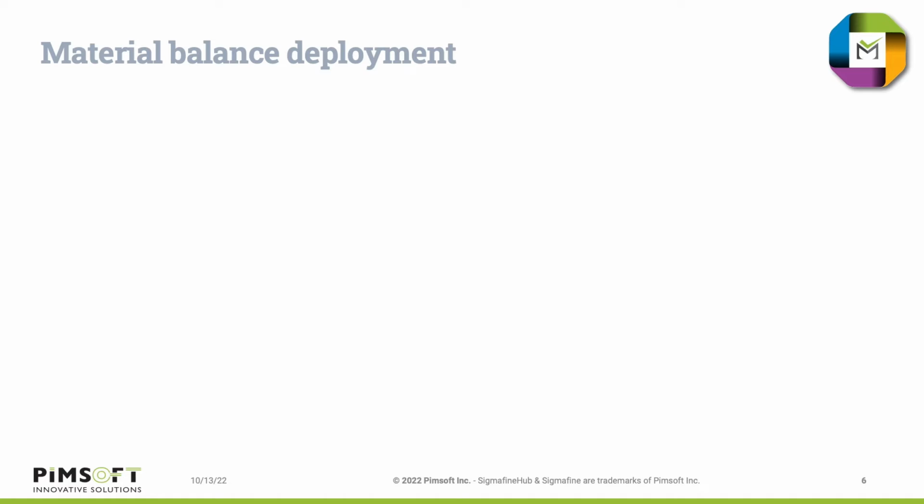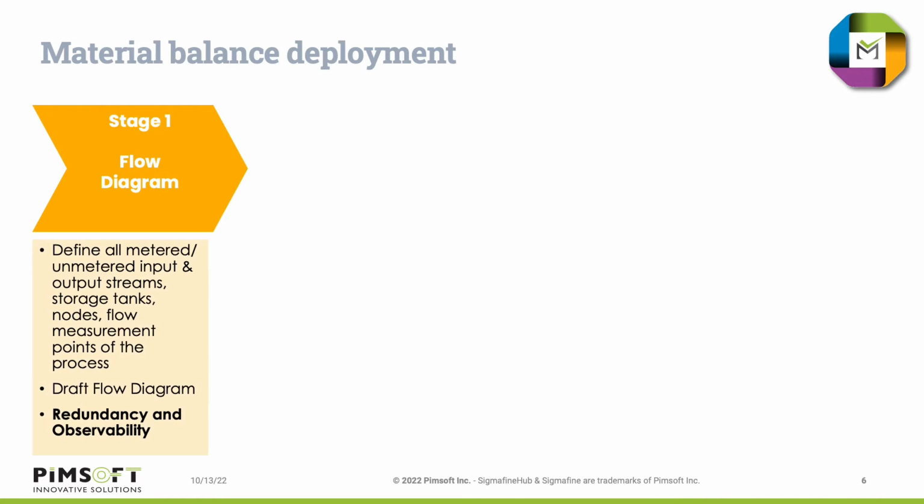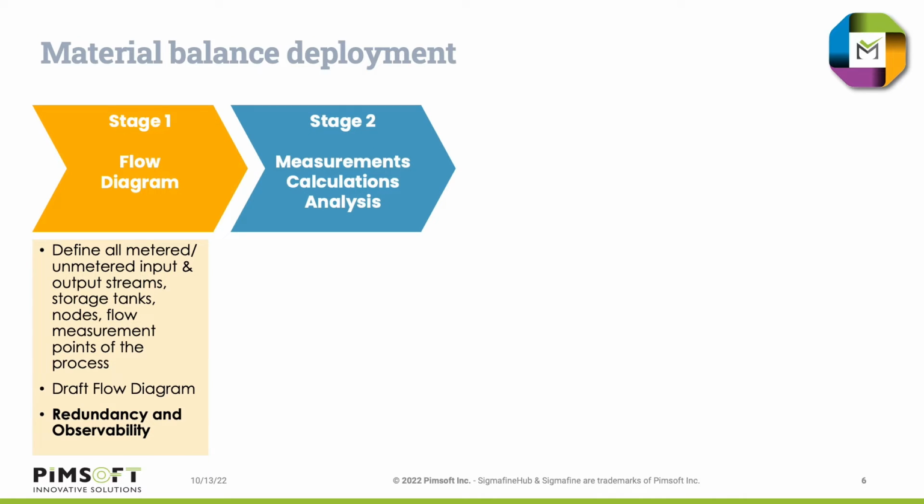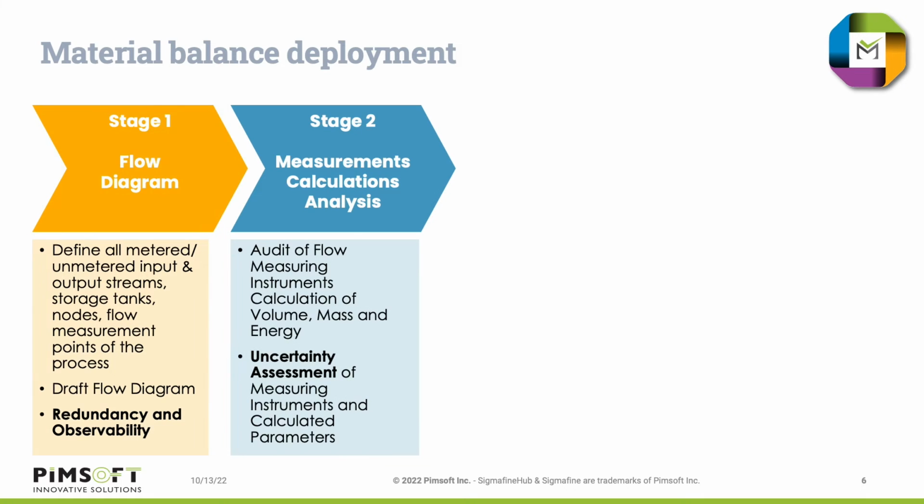Sigmafine has a carefully crafted execution methodology for deploying its material balance models. The first step is about defining the inputs. This involves the measurements, accuracy, and tolerance. The second stage involves audit and analysis of these measurements.